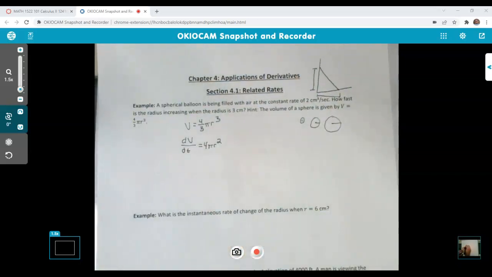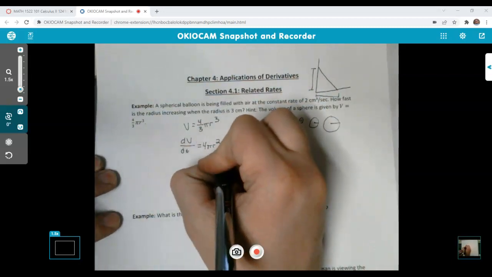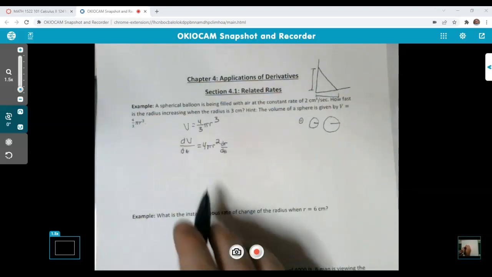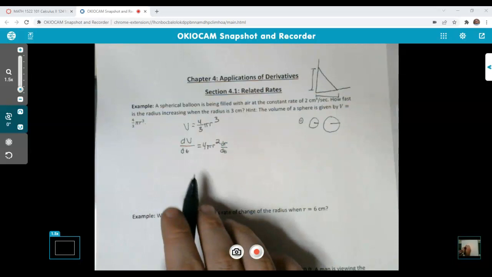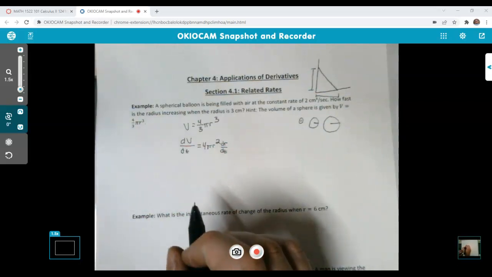But remember we said r is going to change, right? Because as I grow, r is going to change. So I have to multiply that by dr/dt by the chain rule, right? Because r depends on time. So this is what I get: dV/dt is equal to 4 pi r squared dr/dt. Again, I have to times this by dr/dt because r is going to change with time.